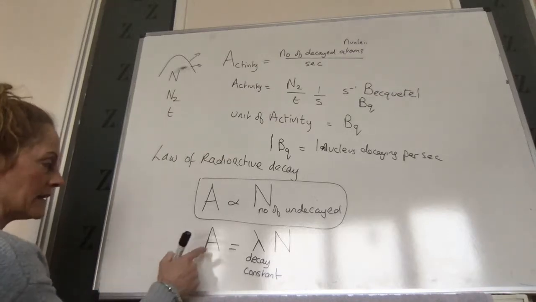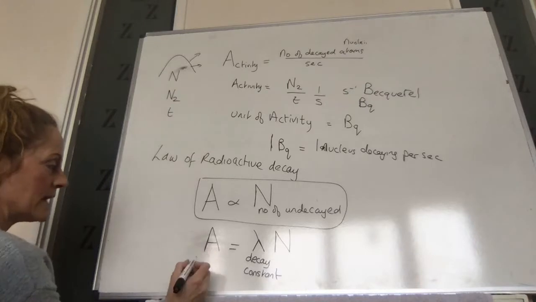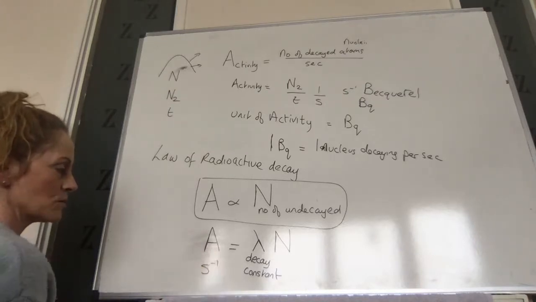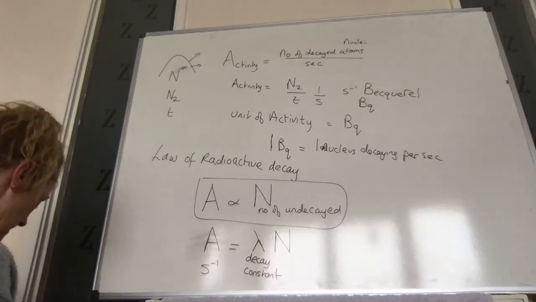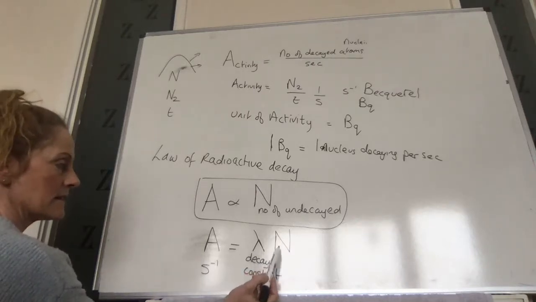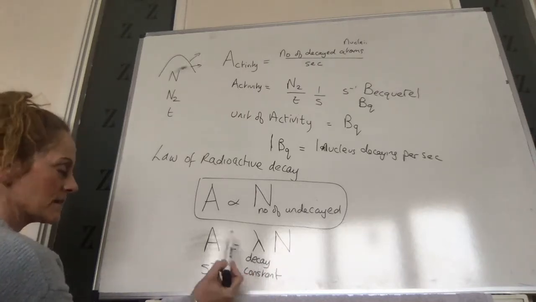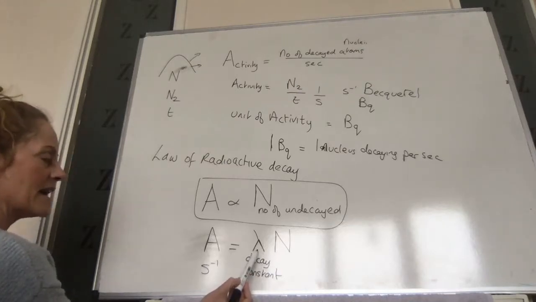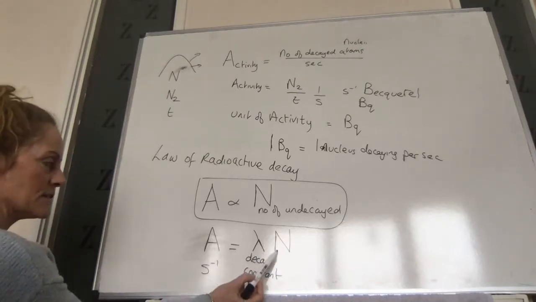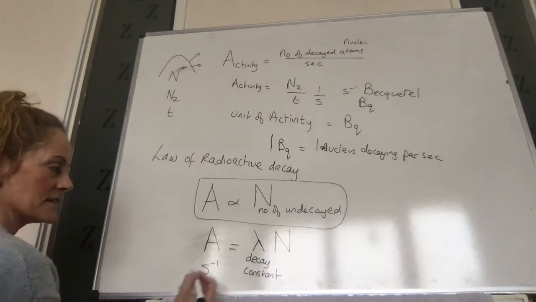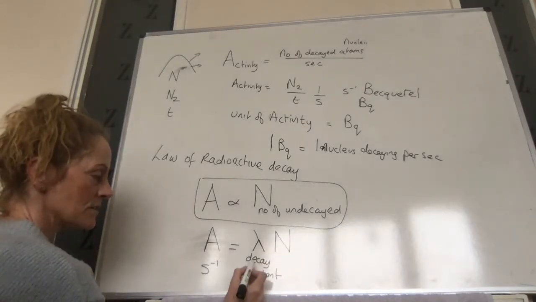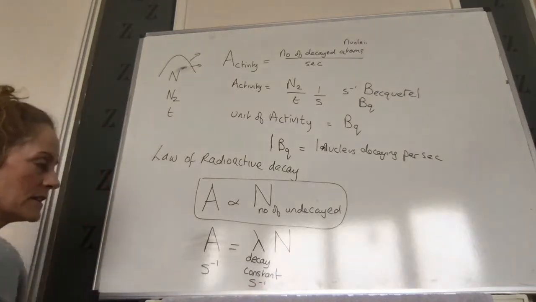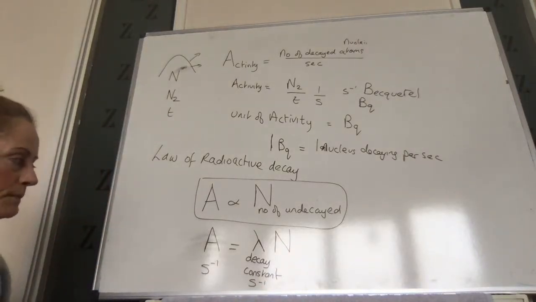Again, A is seconds to the -1. So the decay constant would be the activity divided by the number of undecayed atoms. N has no unit, so the decay constant has a unit of seconds to the -1.